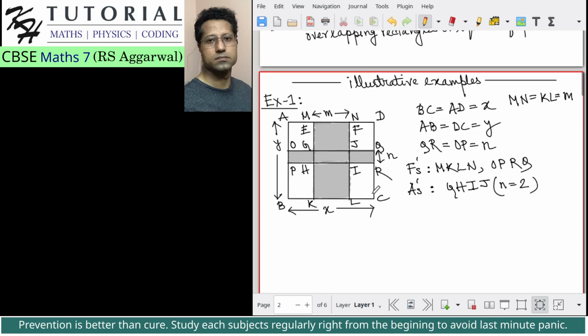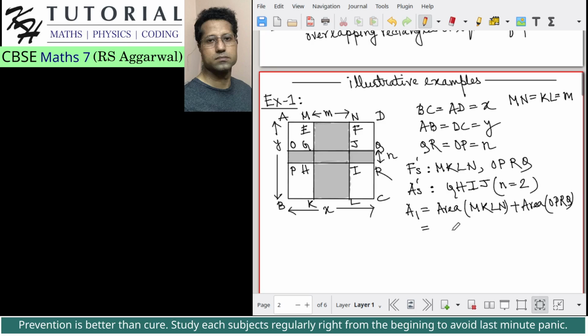Okay, so now what I will do next is find A1, that is the area of all the figures F that I have formed in step 1, that is the area of MKLN plus area of OPRQ.